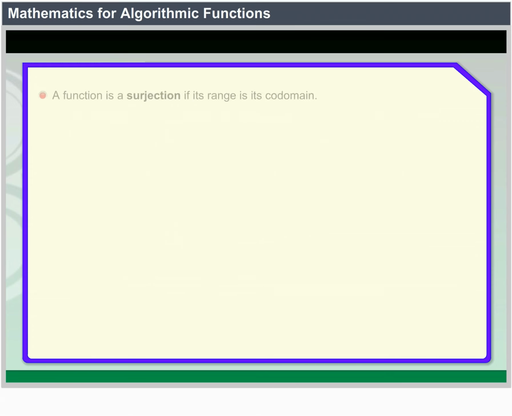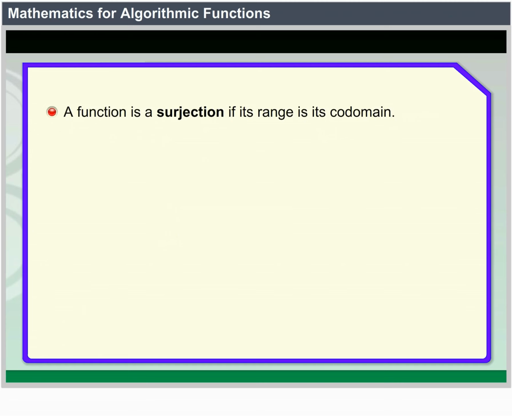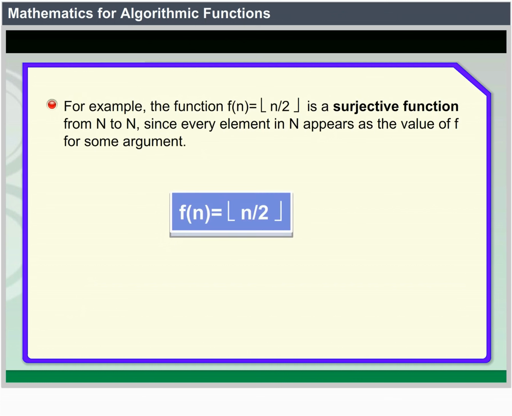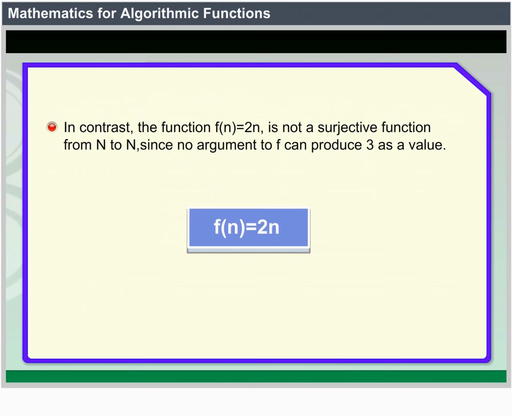A function is a surjection if its range is its codomain. For example, the function f(n) = floor(n/2) is a surjective function from N to N, since every element in N appears as the value of f for some argument. In contrast, the function f(n) = 2n is not a surjective function from N to N, since no argument to f can produce 3 as a value.